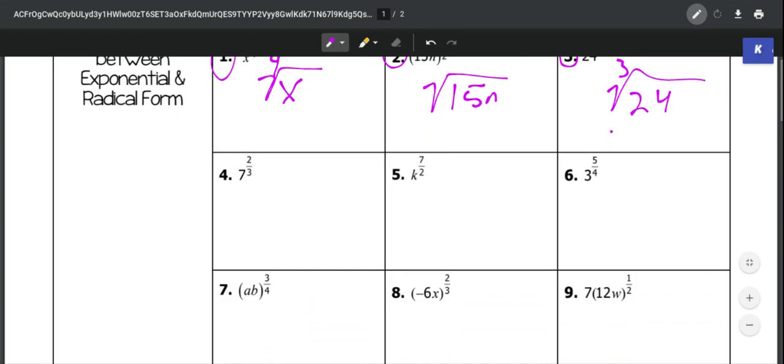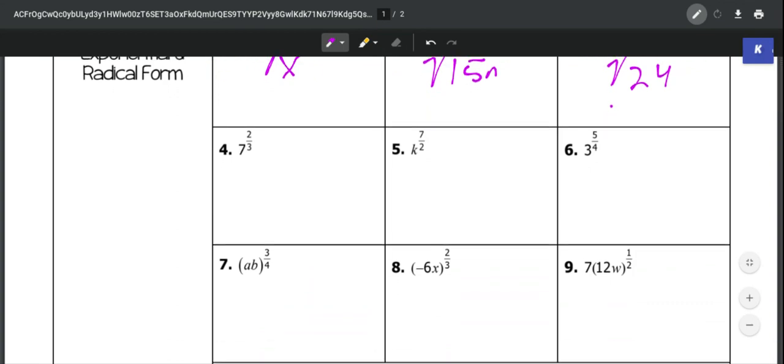They get just a tad bit complicated when you change that exponent to a fraction that is not just a numerator of 1. So we'll look at number 4. We've got 7 to the 2/3 power. So that's going to be 7 under a radical. Our denominator still is our index.